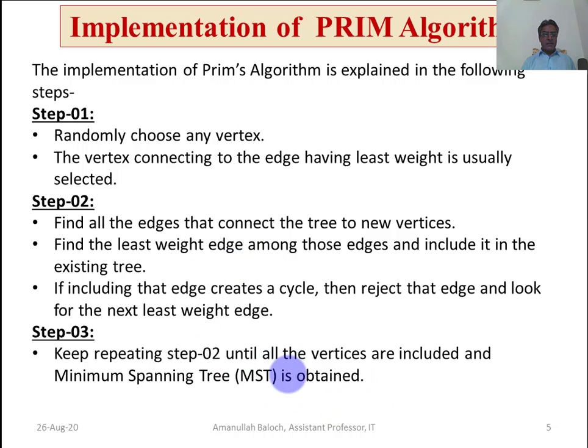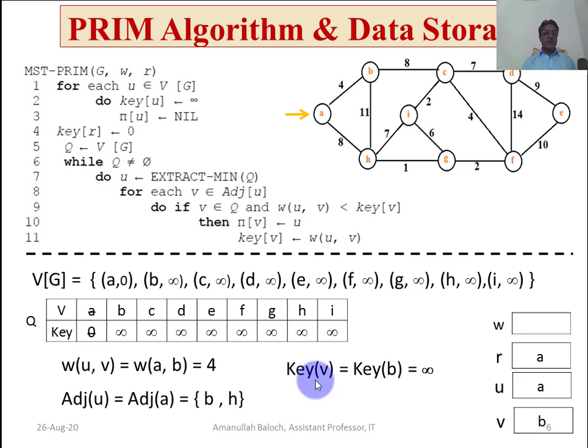Keep repeating step 2 until all the vertices are included and the minimum spanning tree is obtained. This was the whole implementation of Prim algorithm.